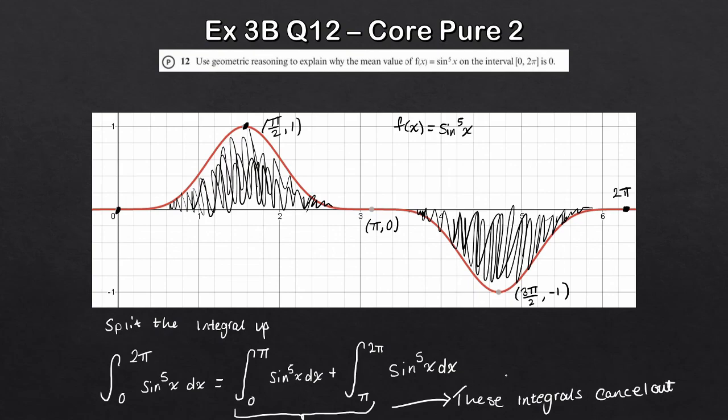Okay, so essentially the integral of f of x dx in this case is equal to 0, and if the integral of f of x dx is equal to 0, then no matter what we're trying to do with the mean value, it will always be equal to 0. So this implies the mean value is also 0.